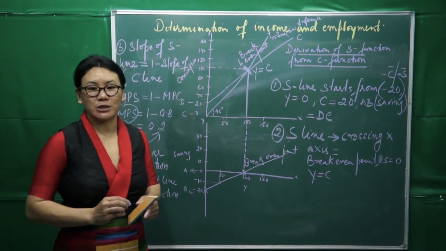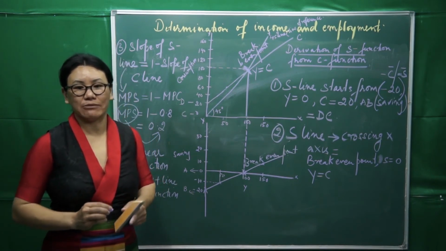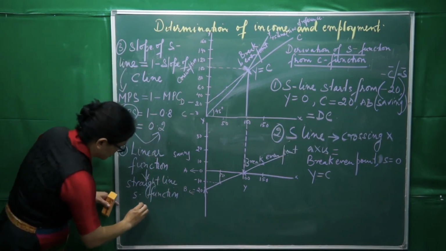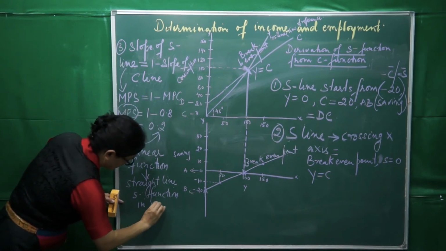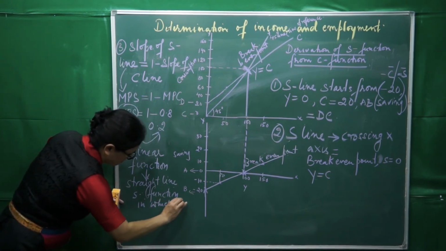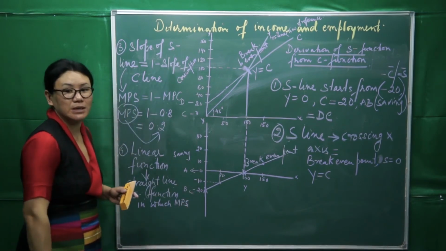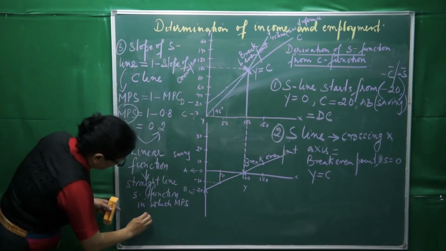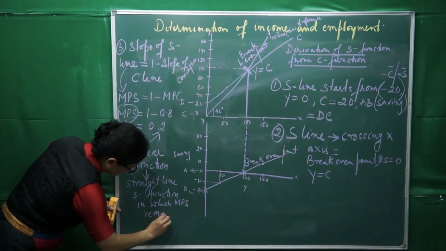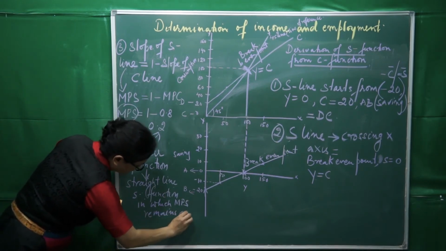Linear saving function is a straight line saving function in which MPS remains constant.